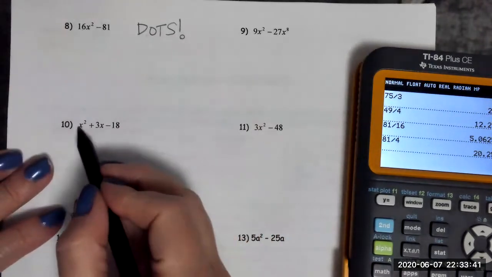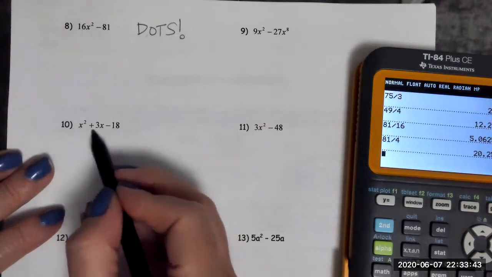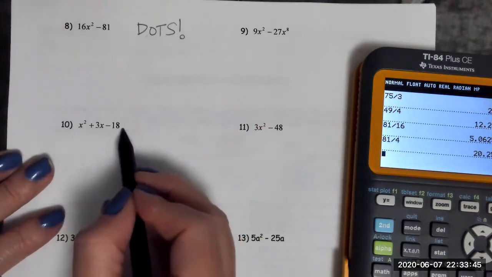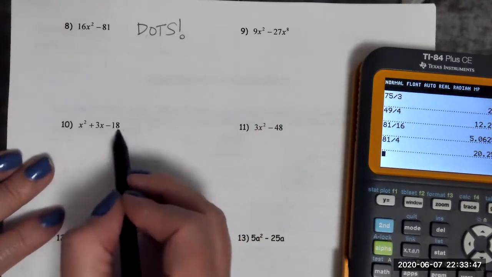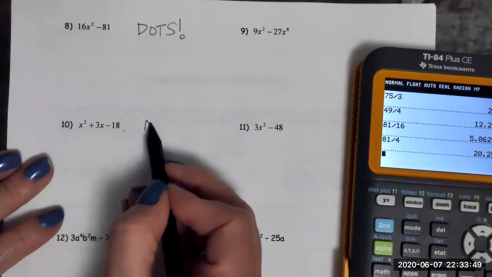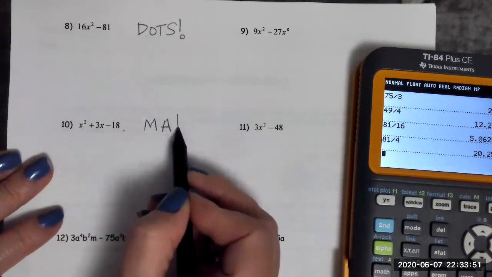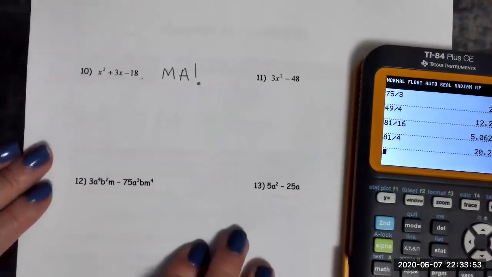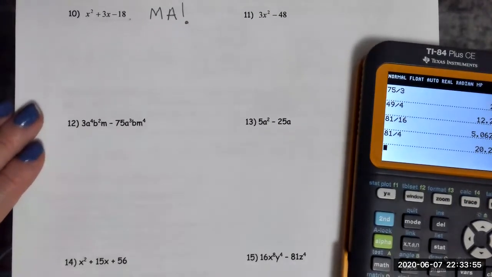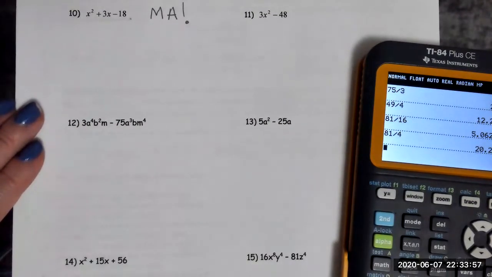Now, number 10, this is a 3-term, so it's a trinomial. I don't see a GCF here. I know it's not going to be a difference of squares. So on this one, I think it's going to be a Ma method. See if you agree with me. Number 12, I've got 3 and I've got 75.